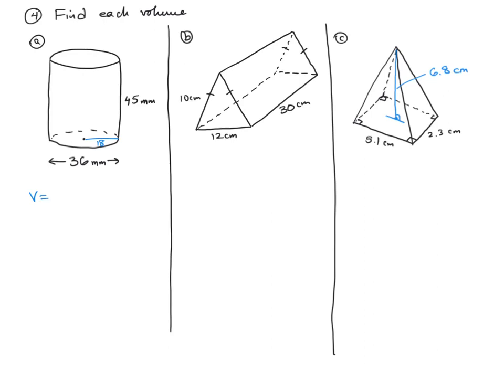So the volume is going to be pi r squared h, so pi 18 squared 45, because 45 is the height of that cylinder. And I just plug that into my calculator. And with 3 sig figs, I get approximately 45,800 millimeters cubed.